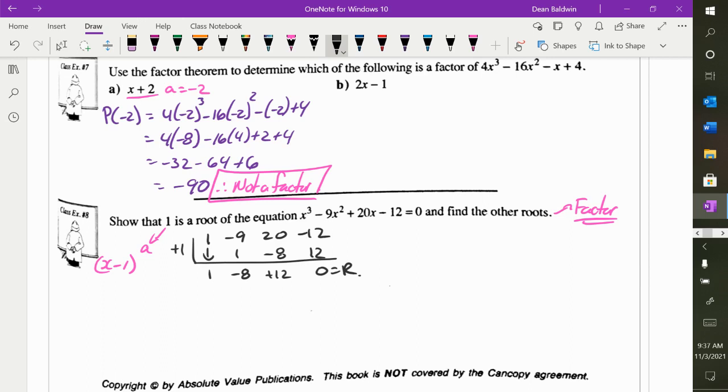So I got a remainder of 0, which is good. That means that x minus 1 is a root or a factor. If I write this as dq plus r, the divisor is x minus 1. The quotient, if we started with a cubic and we divide by a linear, we should get a quadratic.